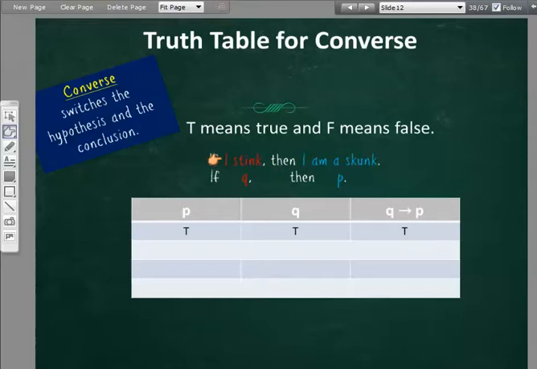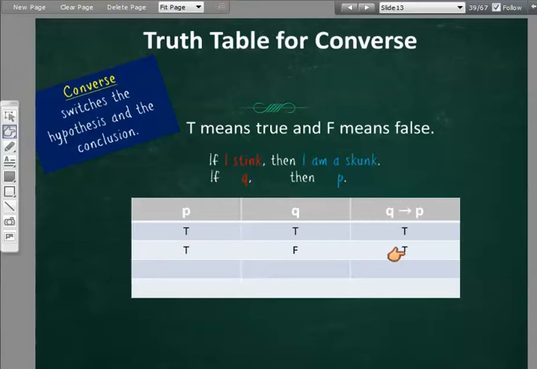So, if I stink, then I'm a skunk. My I stink is true. I'm a skunk is true. So the whole statement's going to be true. Now, if I don't stink, but I am a skunk, that's going to be true.